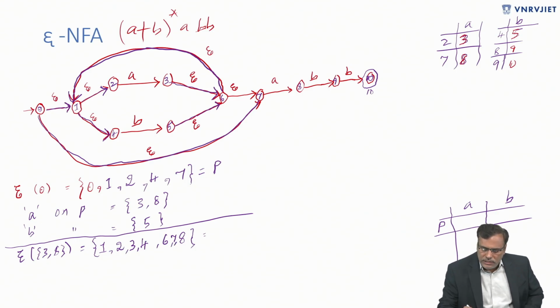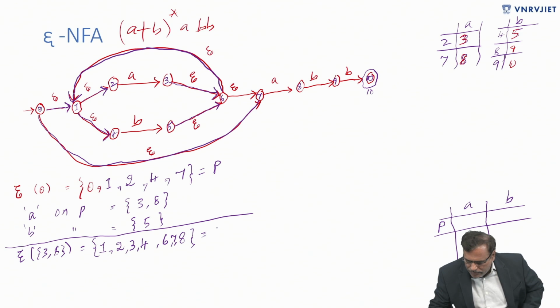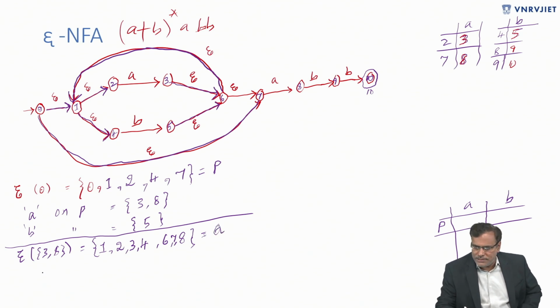So, this is epsilon closure of 0, and this is epsilon closure of 3, 8. Both are different. So, you can give the name for this as what? Q. Now, you have found epsilon closure of 3, 8 as this set. For that, you have given the name Q. So, here A as input on P, that is 3, 8.